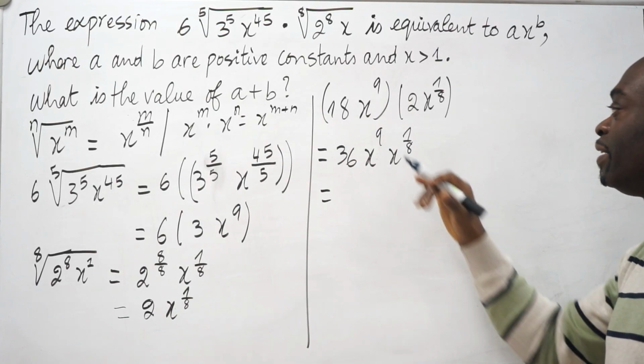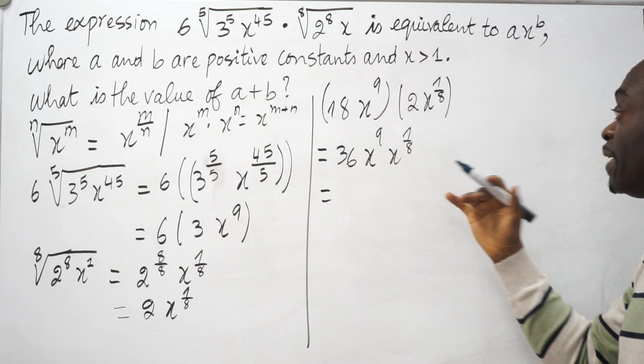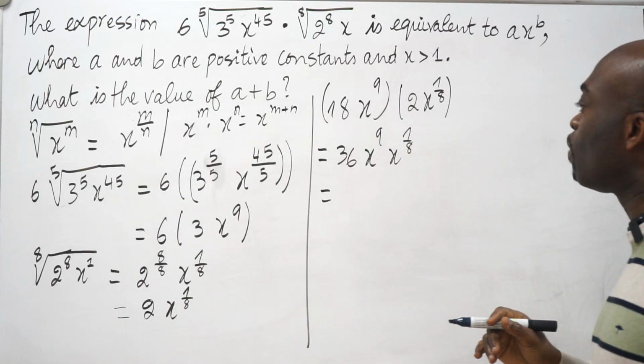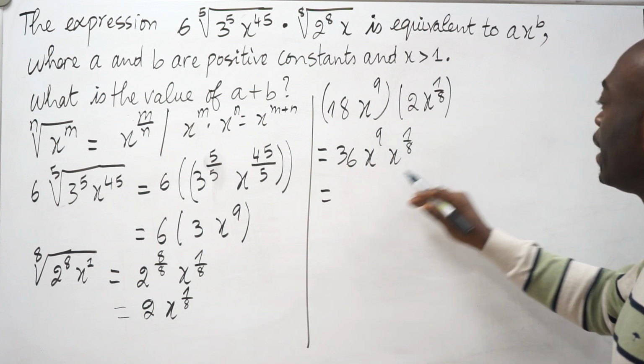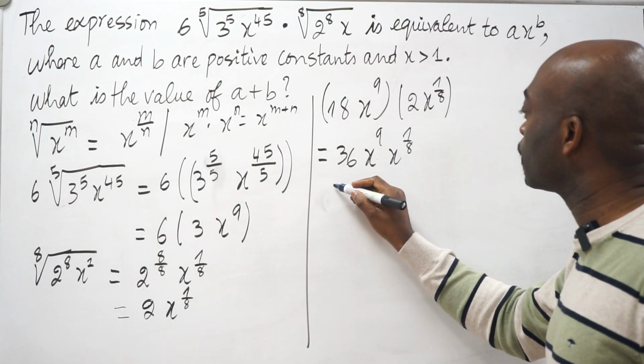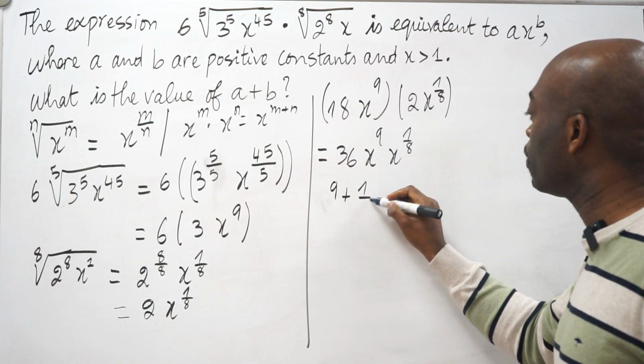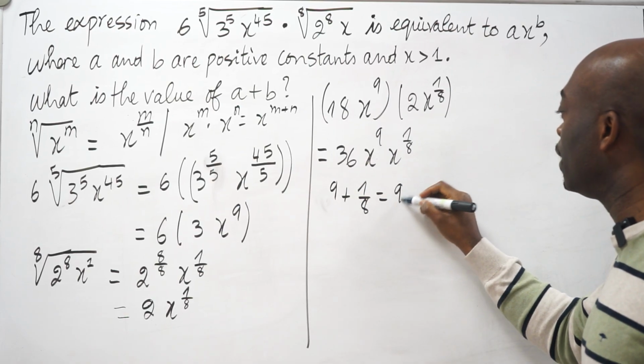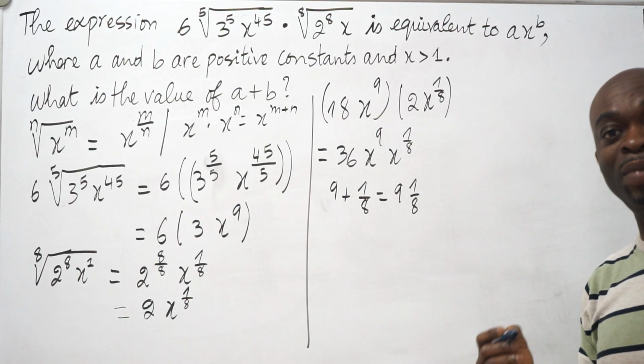That's the same thing as having 9 and 1/8. So 9 plus 1/8 is equal to 9 and 1/8 as a mixed number.